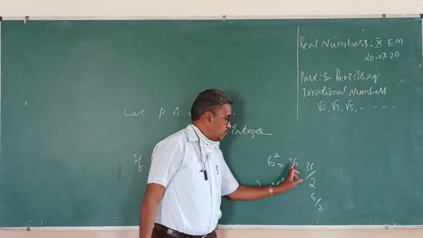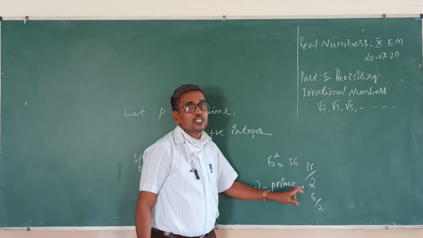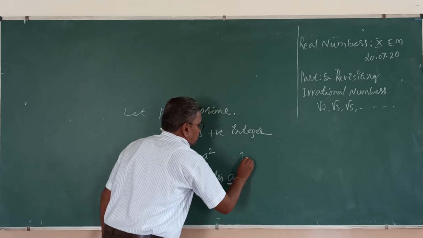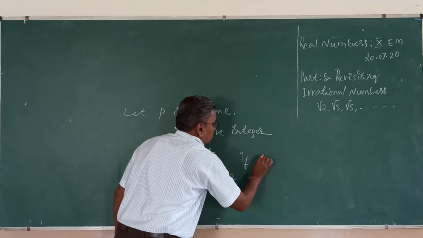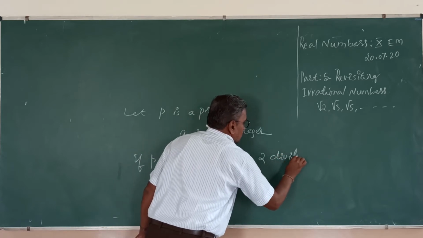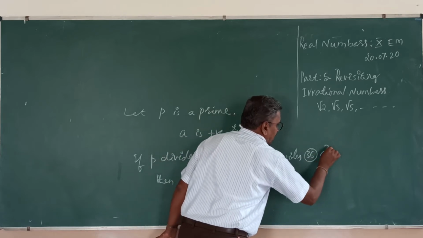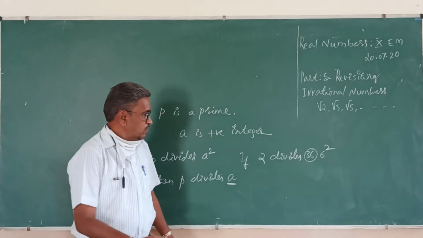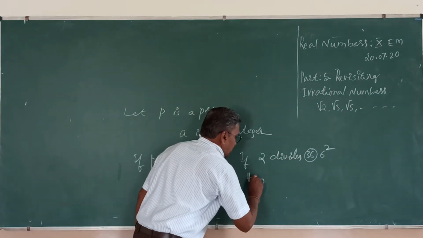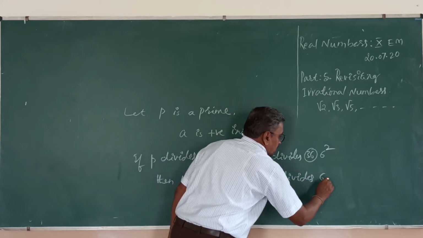If 2 divides 36, which means 6 square, then 2 divides 6 also.